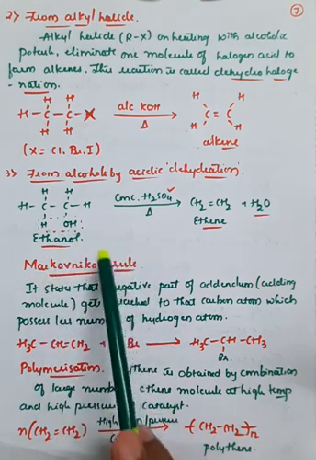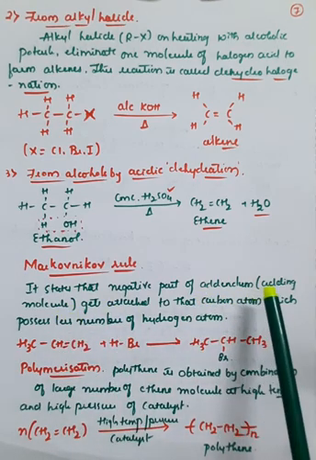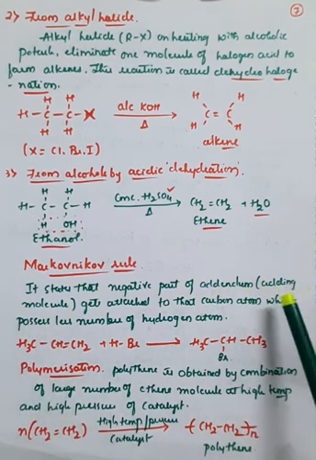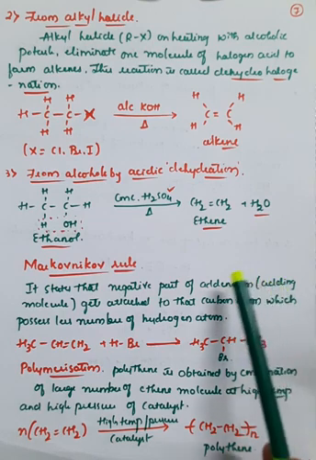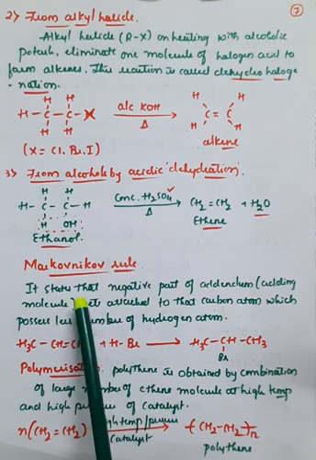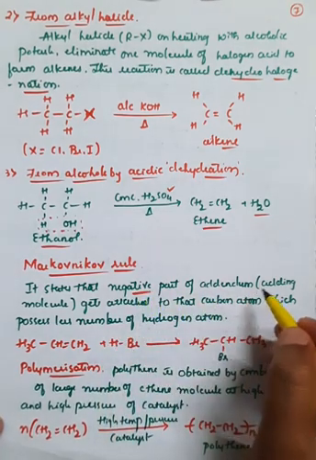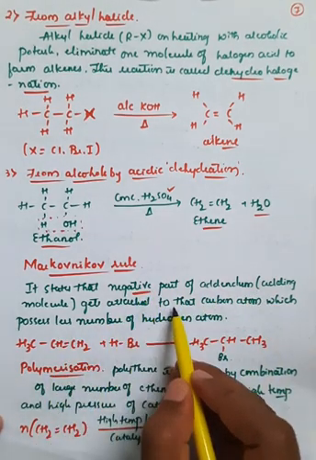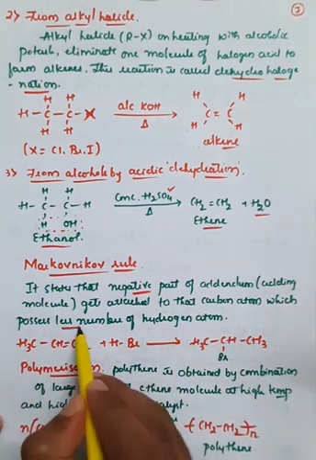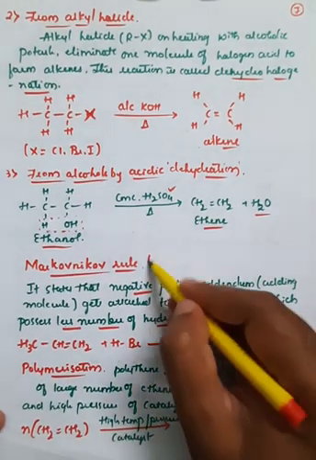It states that the negative part of the addendum, where addendum is nothing but the adding molecule, whatever molecule adds to another molecule, gets attached to that carbon atom which possesses fewer hydrogen atoms. This statement is very important. This can be asked for 1 mark.